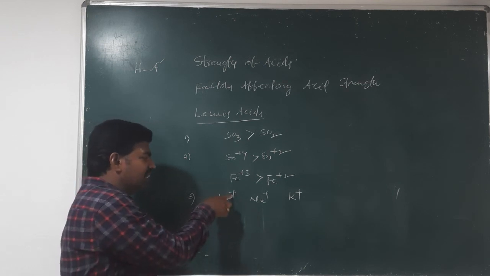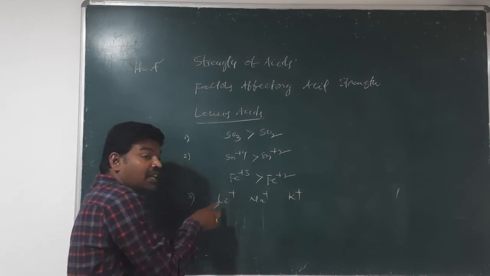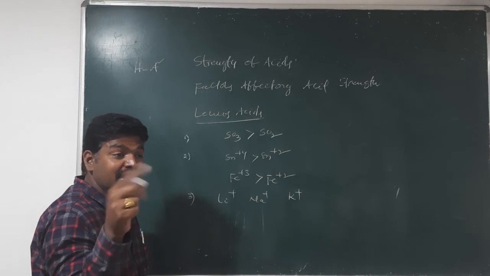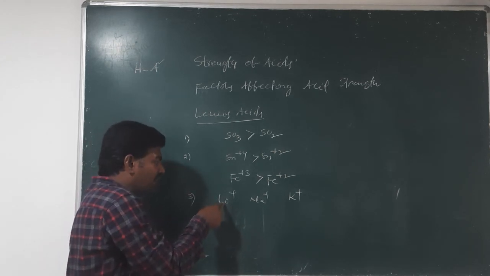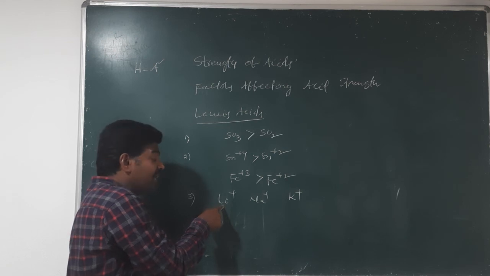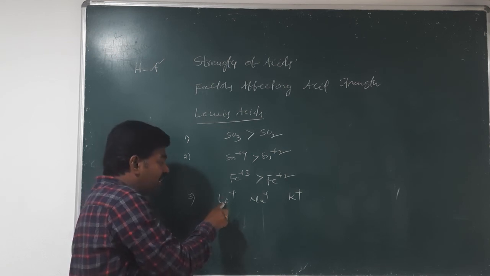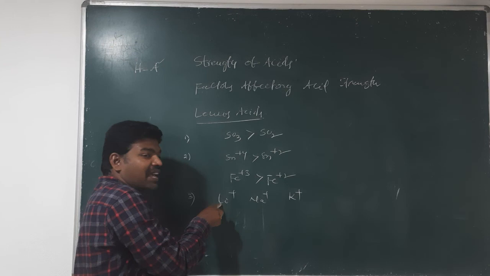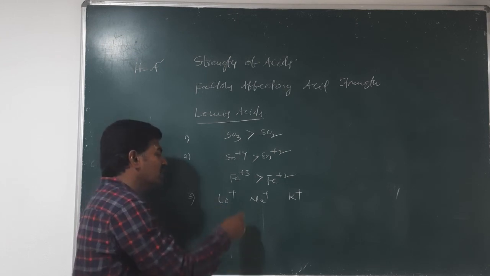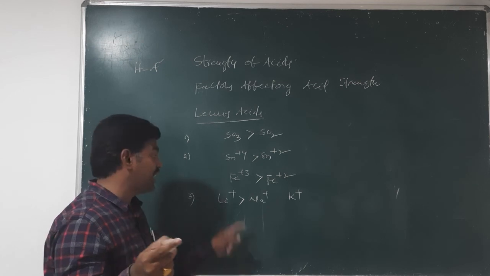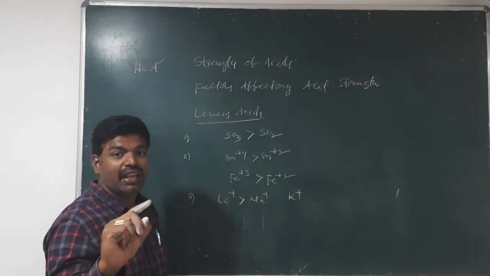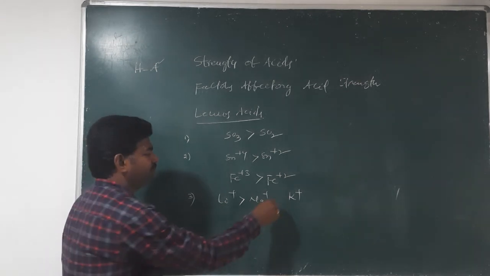Of course, here the charge is the same, but in lithium there is a decrease in ionic radius. When comparing the ionic radius of lithium and sodium, lithium has the lowest ionic radius. So, the cation with the lowest ionic radius is the strongest Lewis acid.